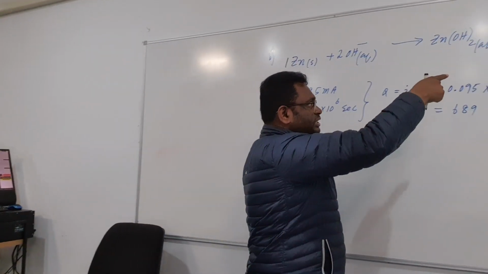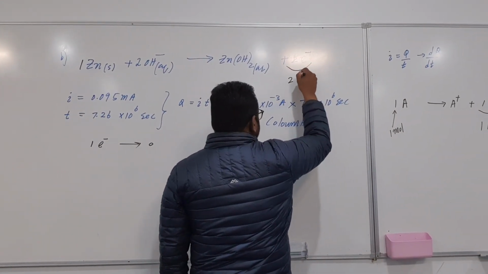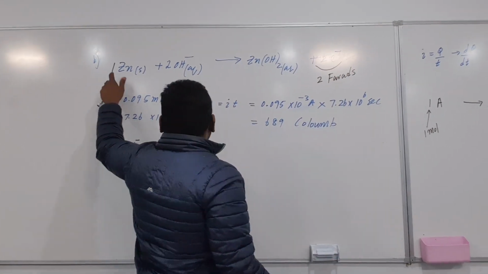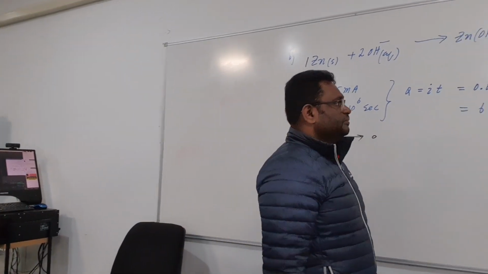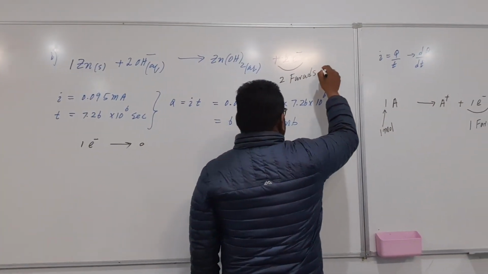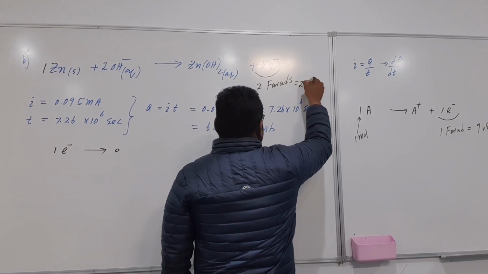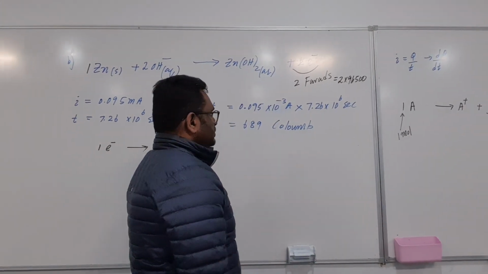How many farads are you ejecting here? 2 farads you are ejecting if you are using this much, right? 2 farads means how much? 2 times 96,500.